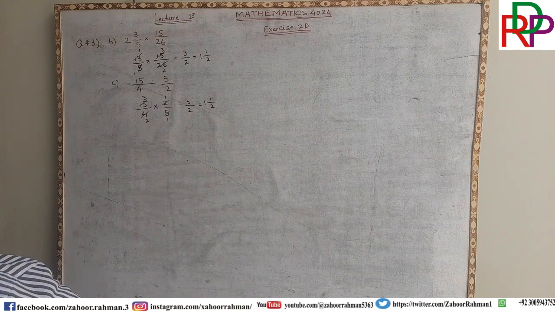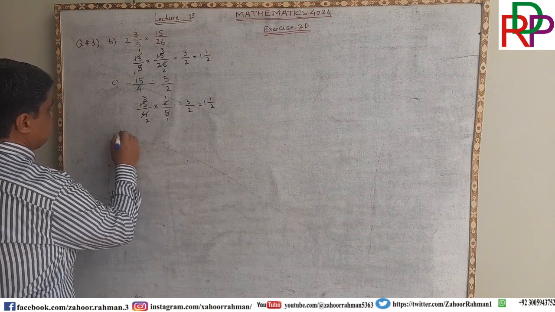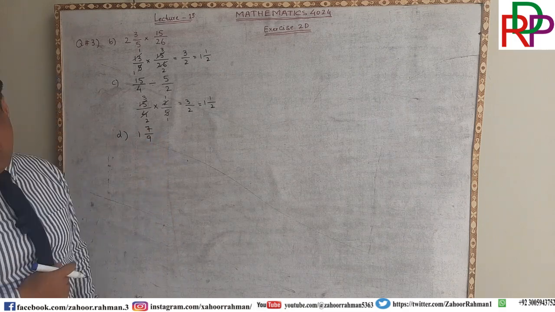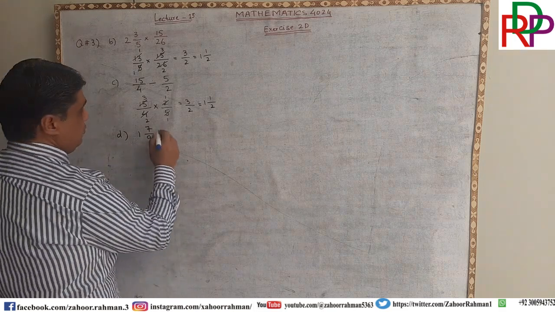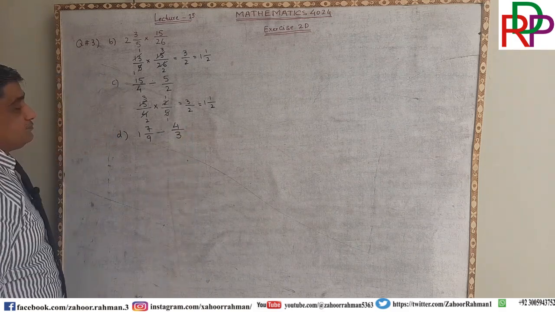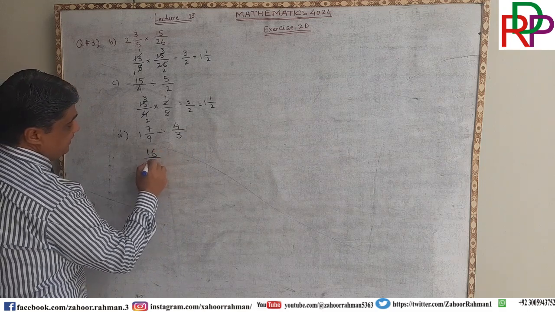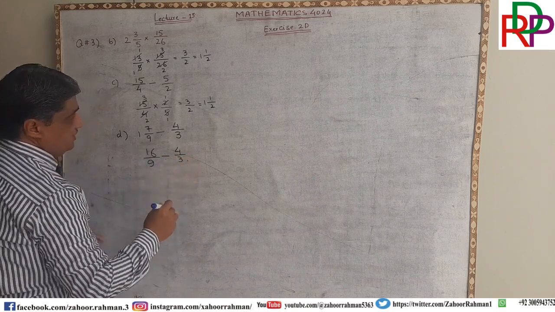Is the answer. Now we are turning our focus to part number D, and that part number D is saying 1 whole 7 over 9 divided by 4 over 3. So this is 16 divided by 9 and divide by 4 over 3.